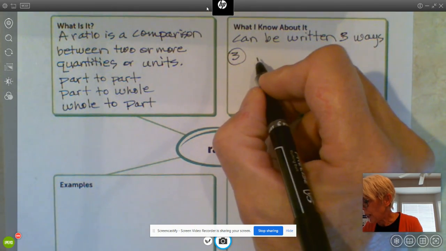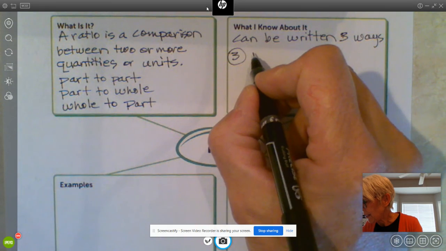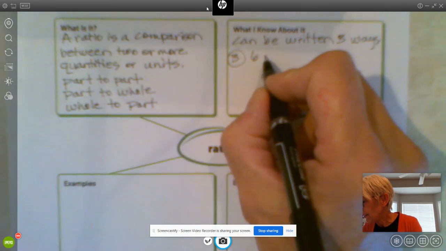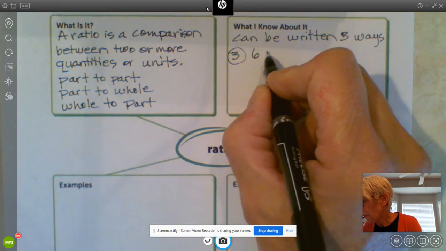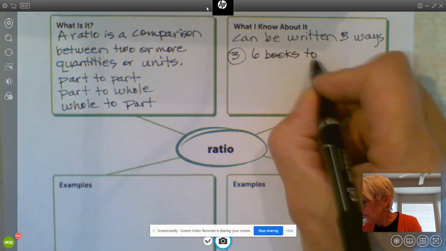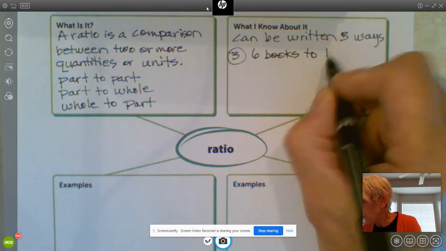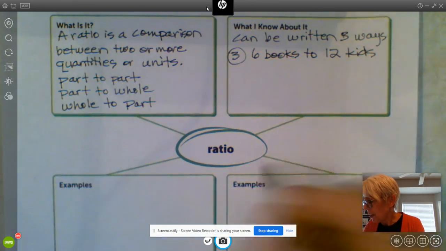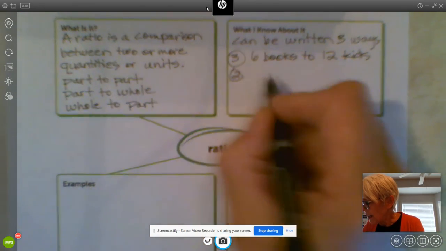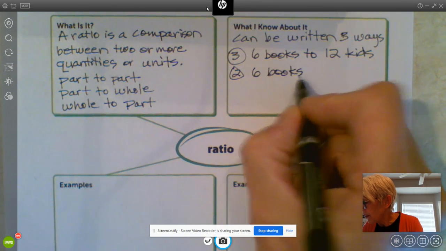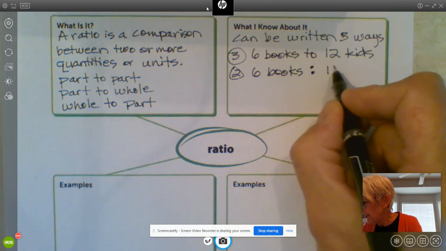Let's say that we're comparing 6 books to 12 kids. Another way we could write it is 6 books with a colon here, 12 kids.